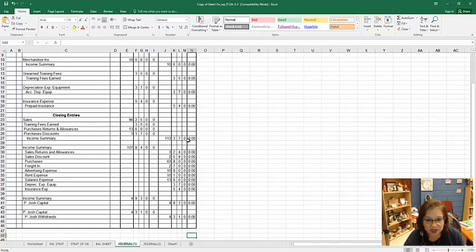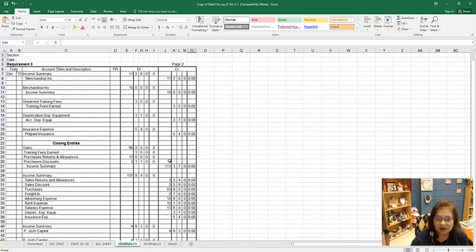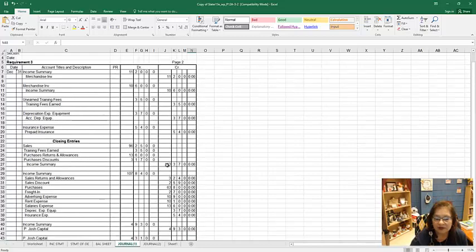So this is your income summary here, and you can check it back with the worksheet. Your income summary, then your returns and allowances, everything that is actually shown as well, and then your income summary and your withdrawal. These are your journal entries. Everything that you have here.